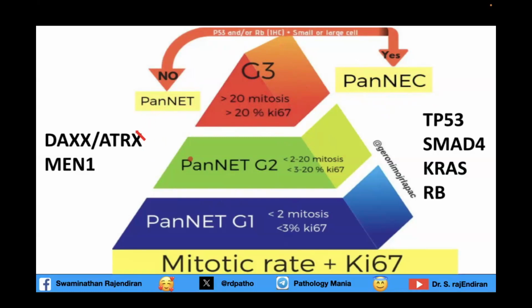In addition to that, DAXX and ATRX are positive in neuroendocrine tumor in addition to MEN1 protein, whereas KRAS and SMAD4 are also positive in neuroendocrine carcinoma in addition to TP53 and retinoblastoma gene.